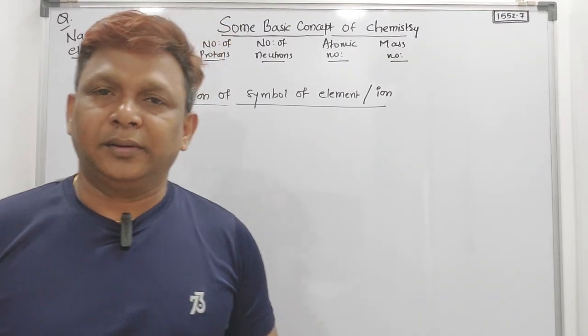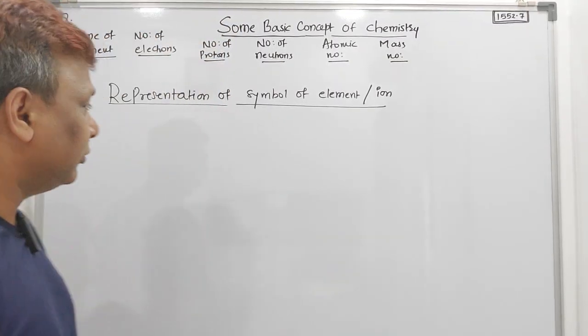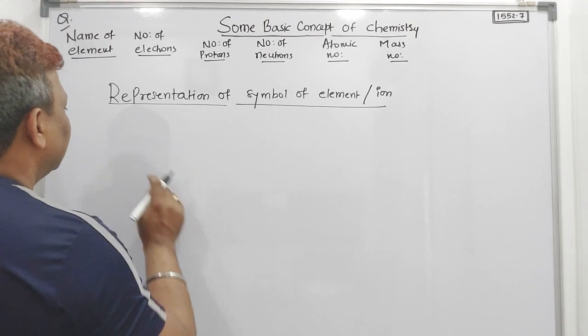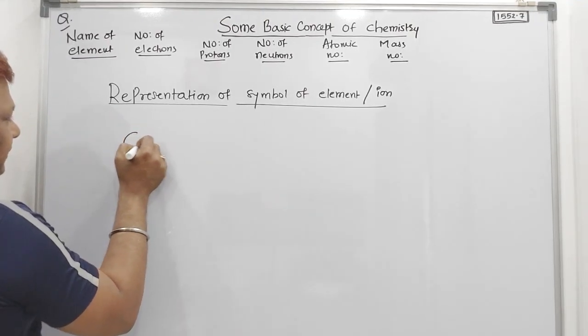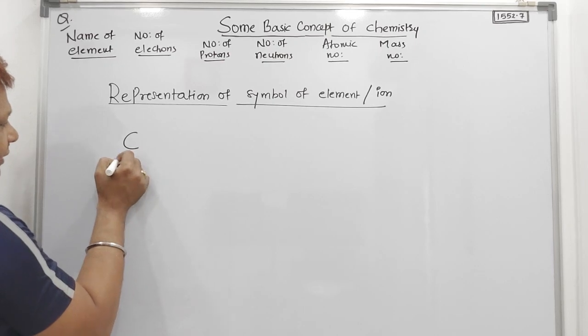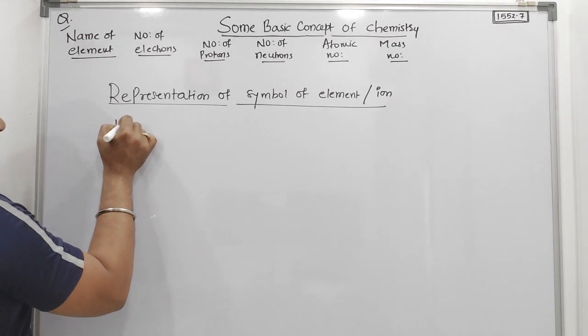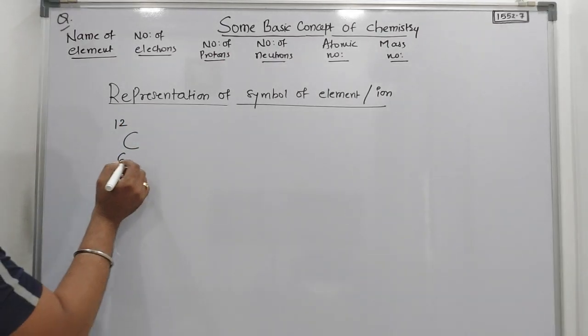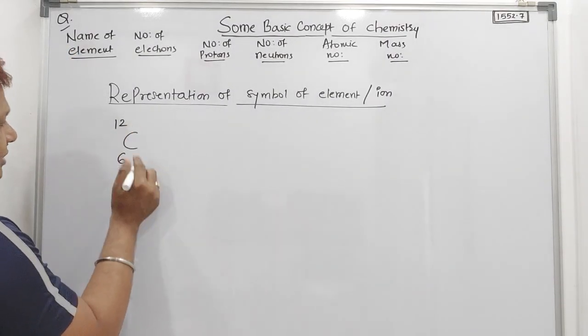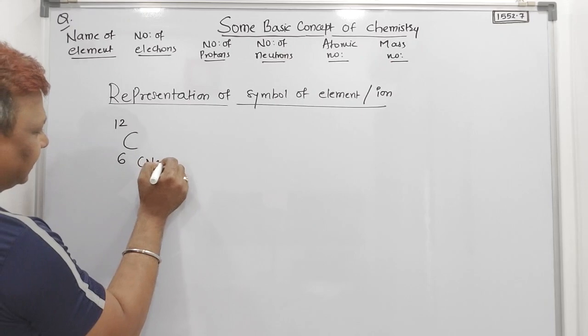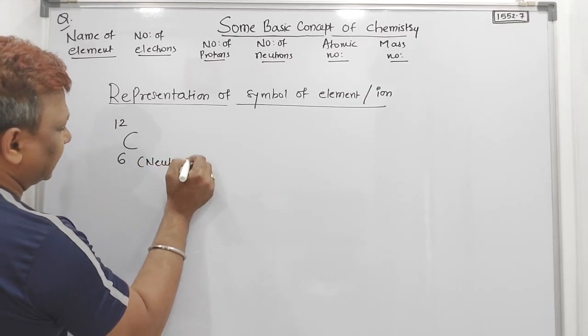Now we are going to see some examples. One of the best examples is the carbon atom, C, with atomic number 6 and mass number 12. If I ask you whether this atom bears any charge, you should say it does not have any charge, so it is a neutral atom.